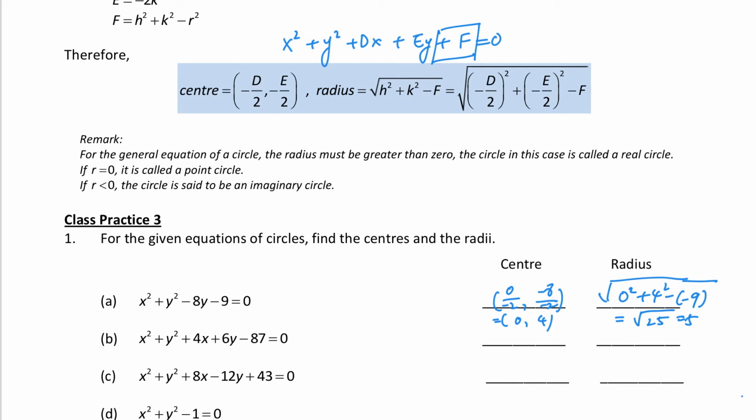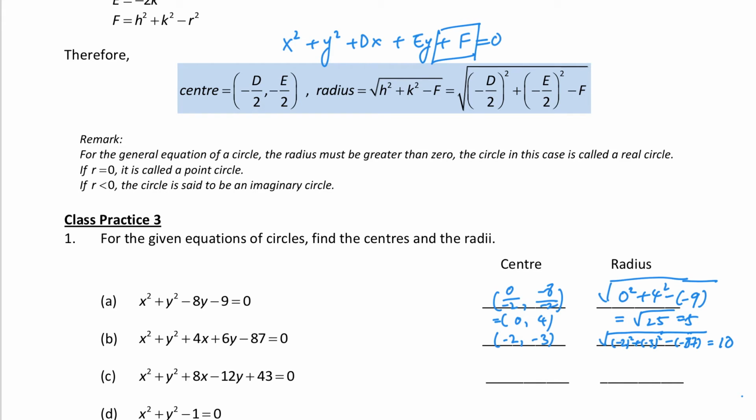So this is negative 9, so minus f. How about b? Same. Divided by negative 2 gives negative 2 and negative 3. And the square root of negative 2 squared plus negative 3 squared minus negative 87. So the final answer is the square root of 100, which is 10.